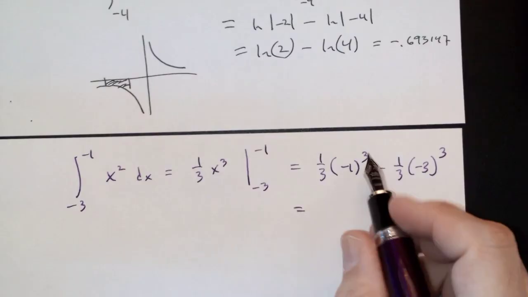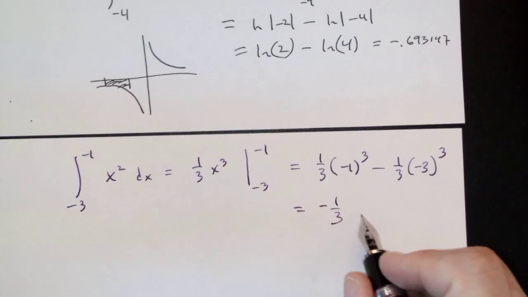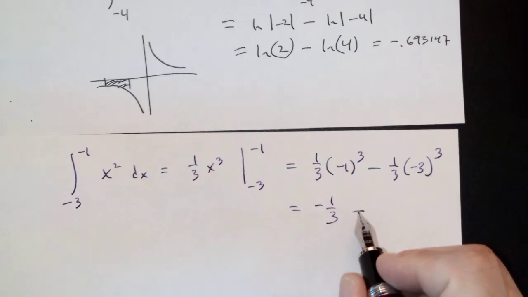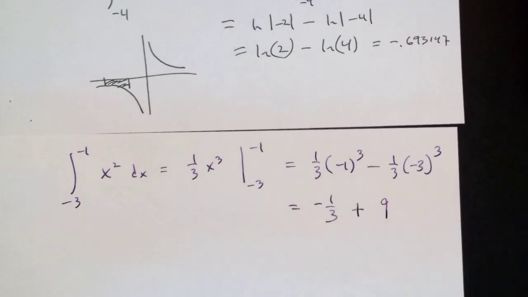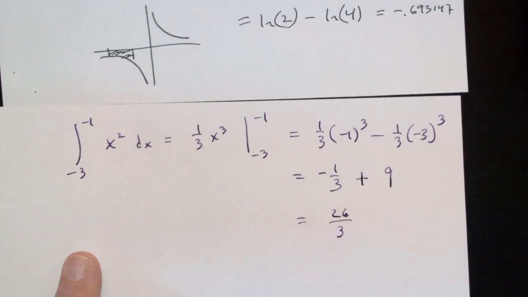So negative 1 cubed is negative 1 multiplied by a third. Negative 3 cubed. But there's already a subtraction here, and I'm dividing by 3. 27 over 3. 9. It's minus a negative, so it becomes a plus. So the answer is positive, even though my x values were negative.